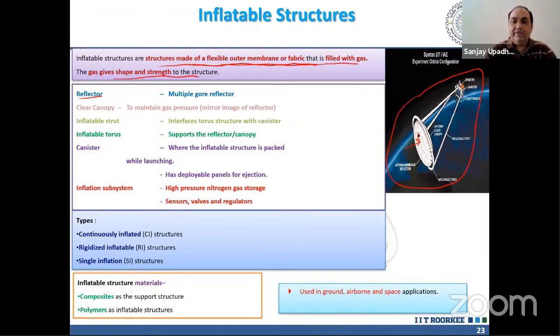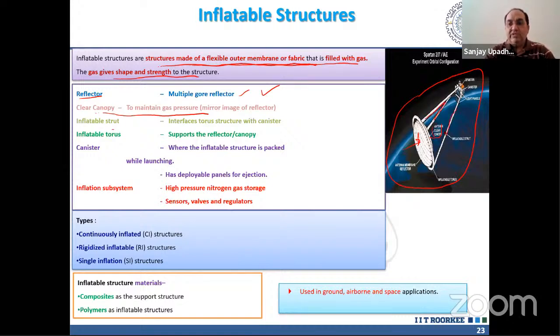This part is the reflector, made of multiple gores, because we are talking about a parabolic or plane reflector. For a parabolic reflector, you have to cut and paste multiple gores to make a parabolic shape. The second component is a clear canopy to maintain the gas pressure. This backside is the clear canopy, attached to the reflector. Then there are inflatable struts; this one is the inflatable strut.